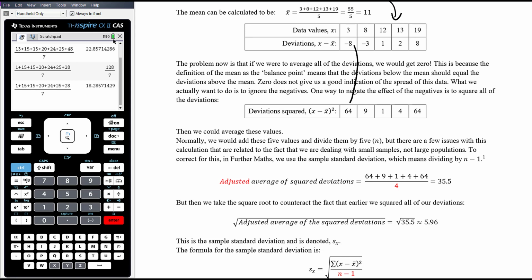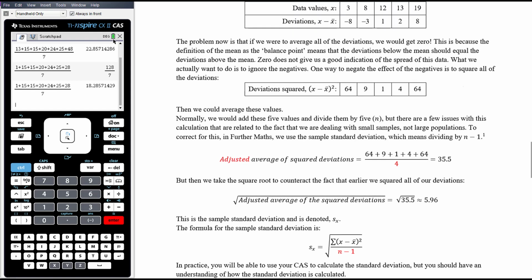So negative 8 squared is positive 64. Negative 3 squared is positive 9. 1 squared is 1, 2 squared is 4, 8 squared is 64. Okay? And when we do that, because when we square negative numbers they become positive, we now only have positive values. So that gets rid of our negative problem. And then we could average those values, so add them up and divide them by 5.